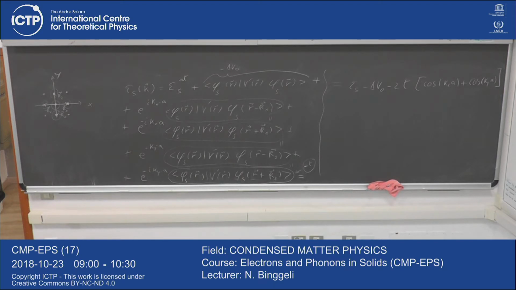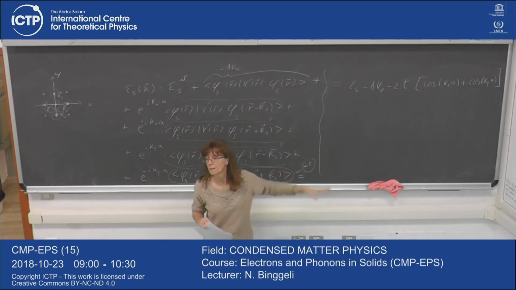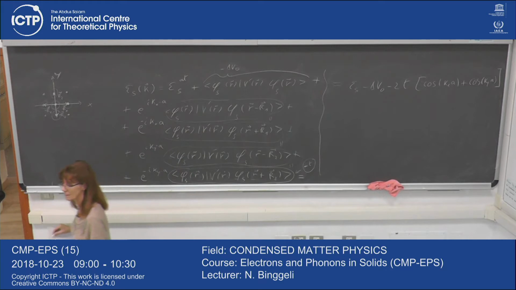You have an energy that depends on kx and ky, with kx and ky that can be anything in the Brillouin zone. Yes, but I thought that if you talk of kx and ky, these ones are in orthogonal directions. You just suppose them like they are in one direction. But mathematically, this is the energy as a function of k. So this is the result.